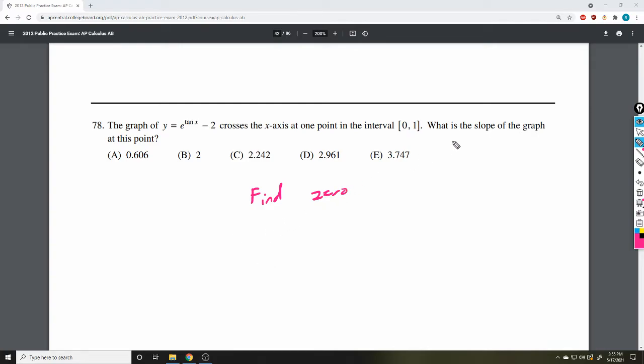And then what is the slope of the graph at this point? So what is y prime at that point? And we should get D. That's some calculator work. If you need help with calculator work, then let me know. But yes, we want the derivative at that point where we hit a 0.